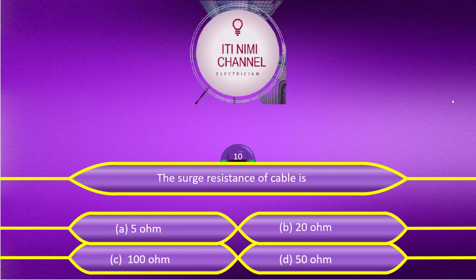The surge resistance of cable is 5 ohm, 20 ohm, 100 ohm, 50 ohm. The answer is 50 ohm.